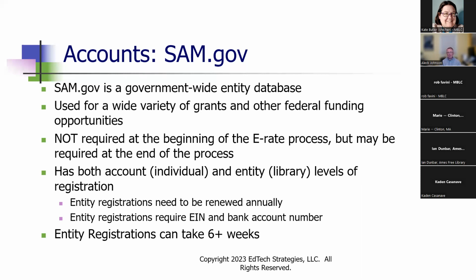In some instances, it actually takes months for them to process. And that's part of why I'm urging you to go ahead and apply for that SAM.gov account now. You may not need it until a year from now, but once you have it set up, the renewal process isn't so hard. But if you don't have it set up and you've got a deadline coming up, that delay in the registration process can be a real killer.